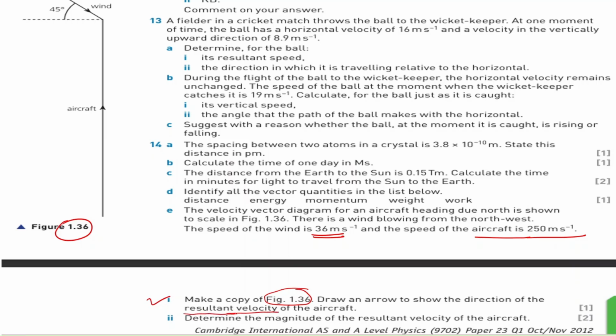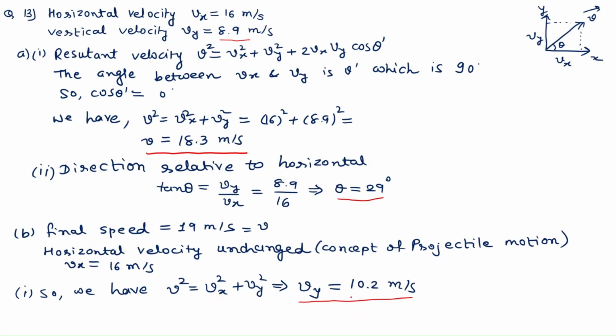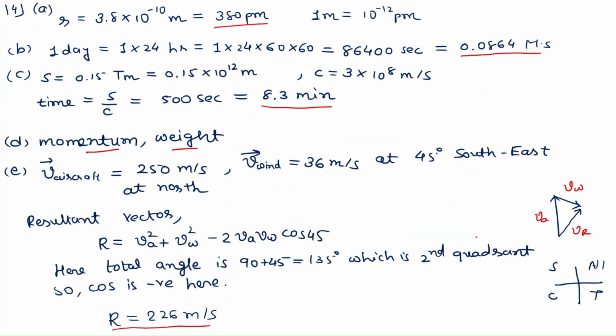You know, velocity is a vector quantity, so it is not like adding scalars. So we have to use the tip to tail method. First, we have to draw. Now, they say the aircraft is heading towards north.